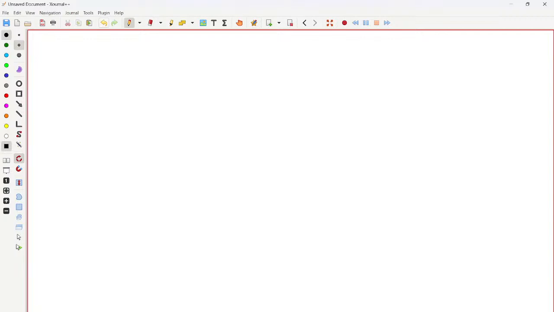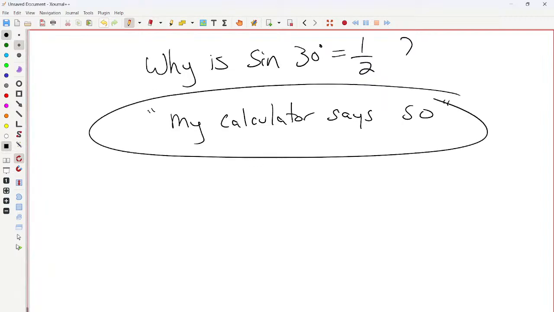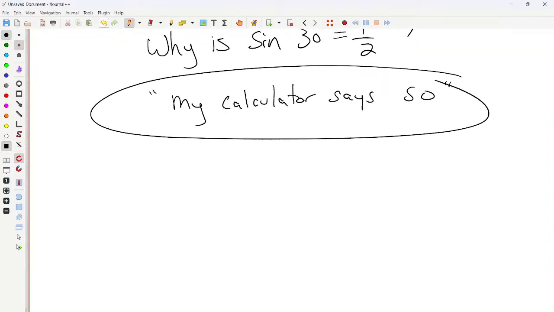Why is sine 30 1/2? First answer, my calculator says so. Cool. Valid. But this is also historically, mathematically interesting.